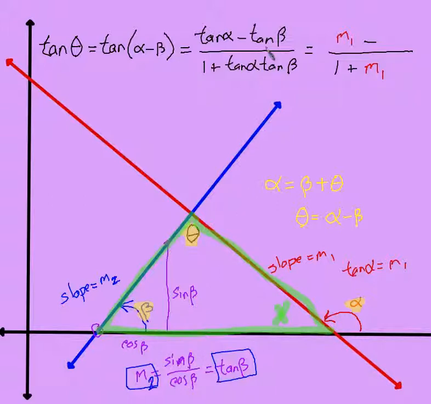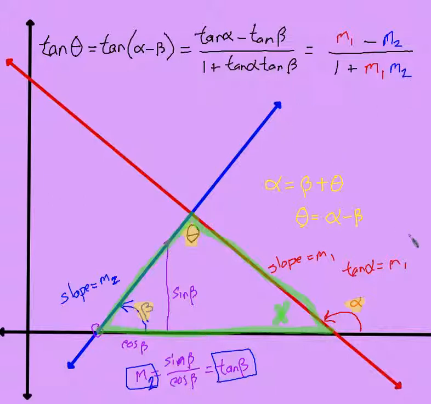So up here, tangent of beta is m2, and then tangent of alpha, which was m1, gets multiplied by the tangent of beta, which is m2.